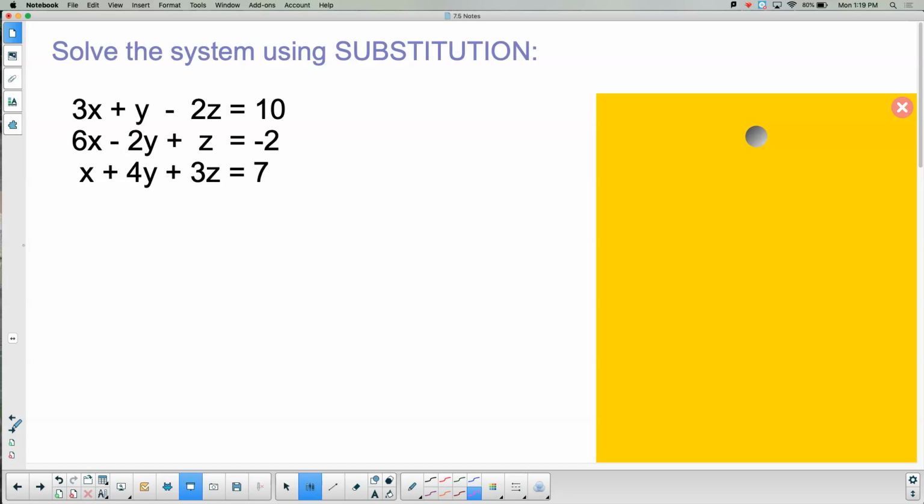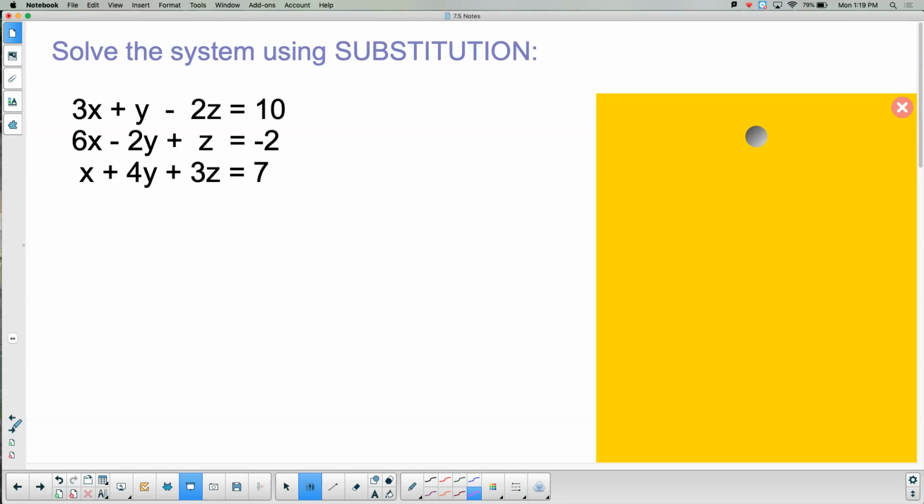No. Got a variable by itself first. Stick it into the other equation. Then solve. Then check. Found the other variable, and then checked it.